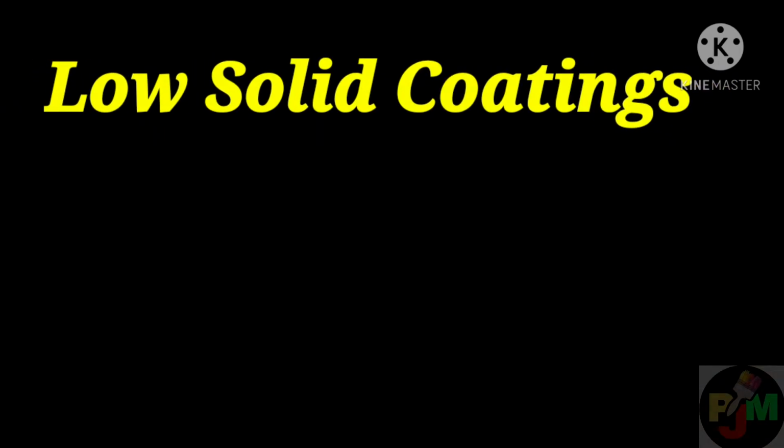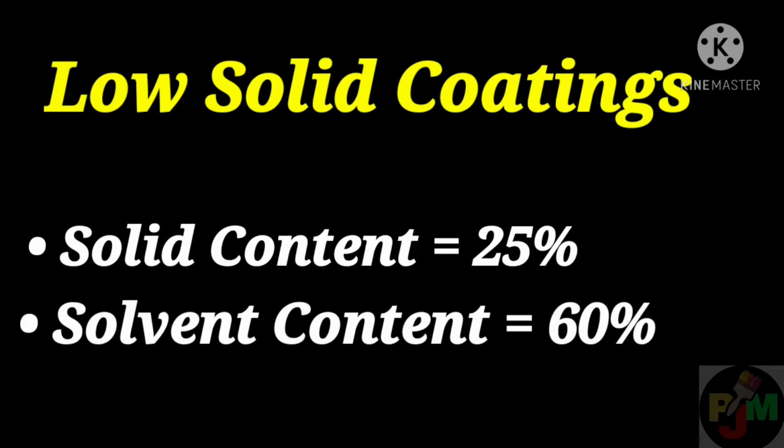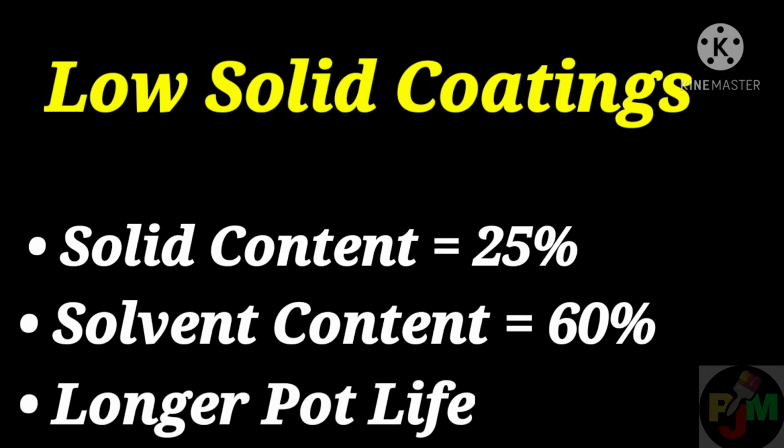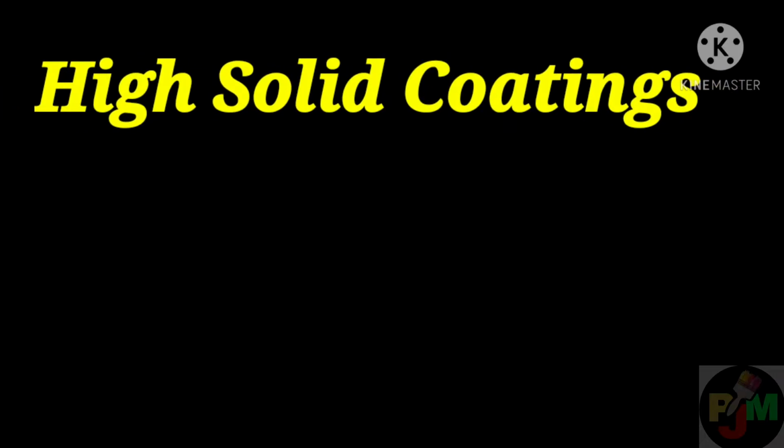Low solid coatings. The solid content in a low solid paint is usually around 25%, with about 60% made up of solvent. Low solid paints also have longer pot life than high solid paints and give the painter more time to work with the material. High solid coatings.